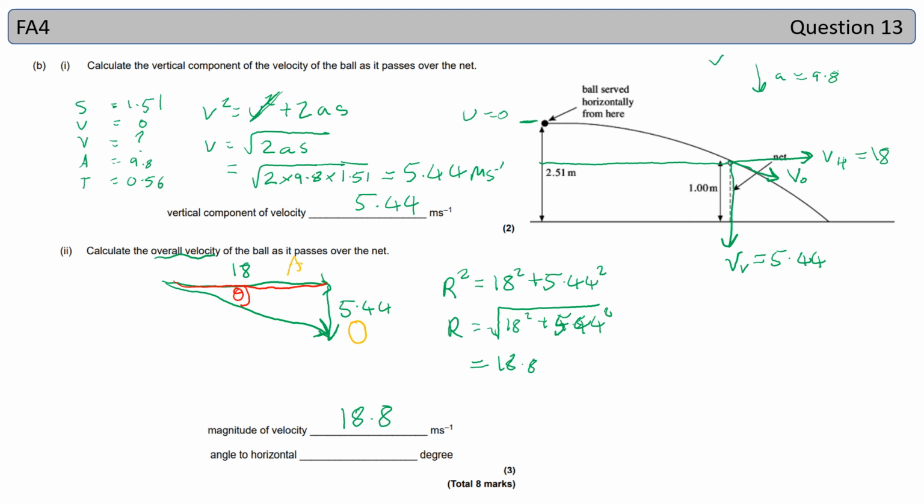So using SOHCAHTOA, I know that tan of theta is opposite over adjacent. So tan of theta is 5.44 over 18. So theta is tan to the minus 1 of 5.44 over 18 on your calculator. Therefore, theta, when we type this into our calculator, comes out at 16.8 degrees. And there we go.